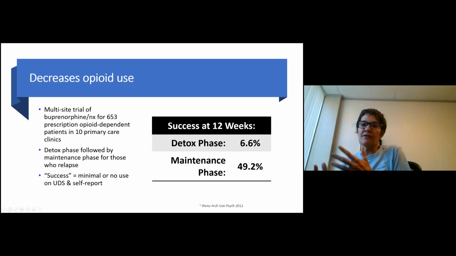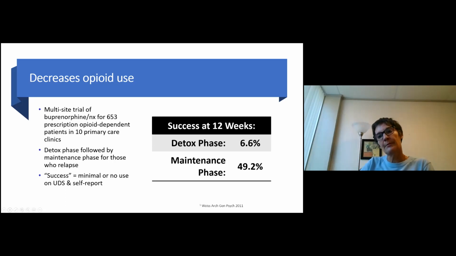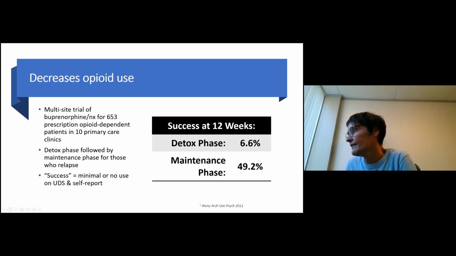So basically, let's get you off your oxycodone, we'll get you on bup, we'll taper it off and you'll be done. They put some on it and kept them on it as a chronic disease medication. People who got detox with buprenorphine really returned to use as soon as the buprenorphine was finished. Those who were kept on buprenorphine, so on maintenance, about 50% were still not using illicit opioids at the end.